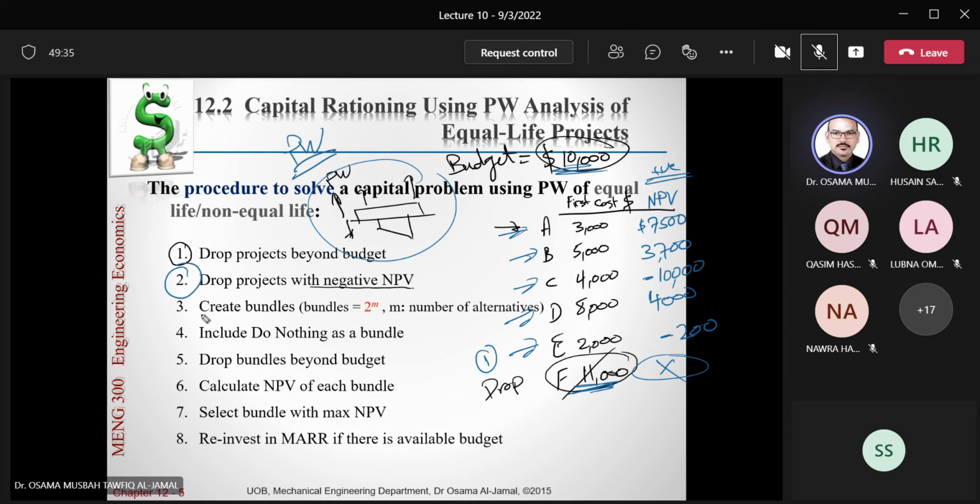Let's see the second step now. What to do after calculating an NPV? What are we supposed to do now? Drop negative. So which one to drop?